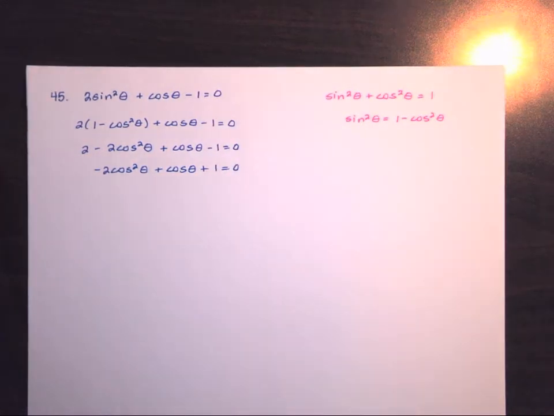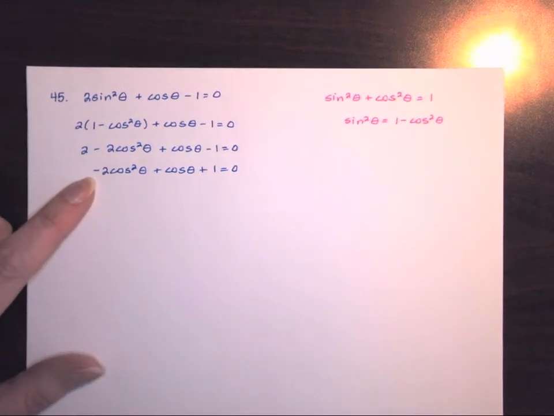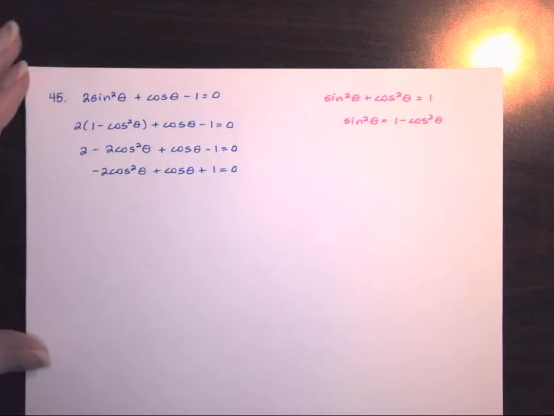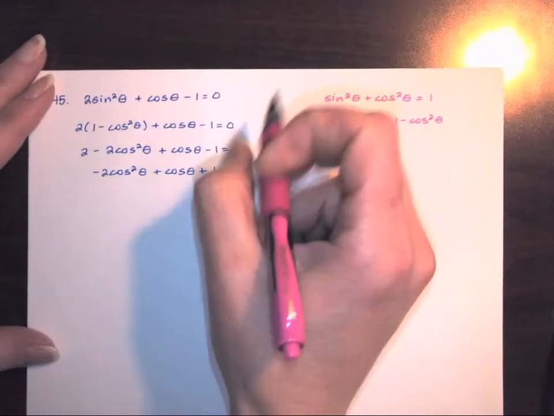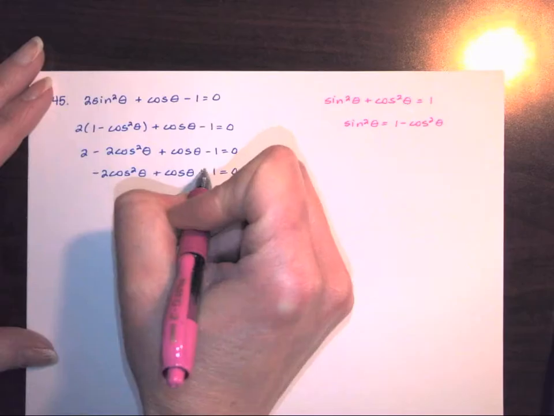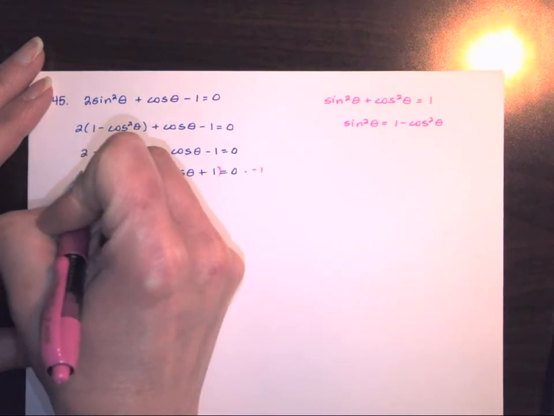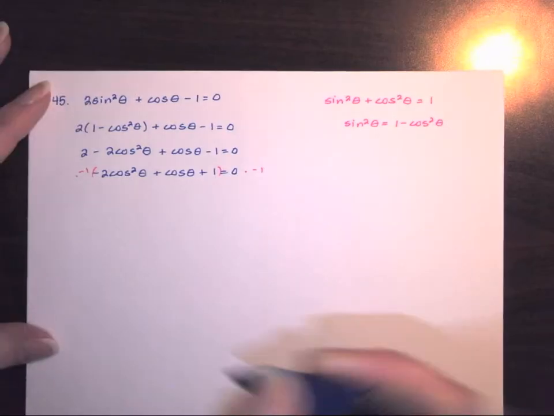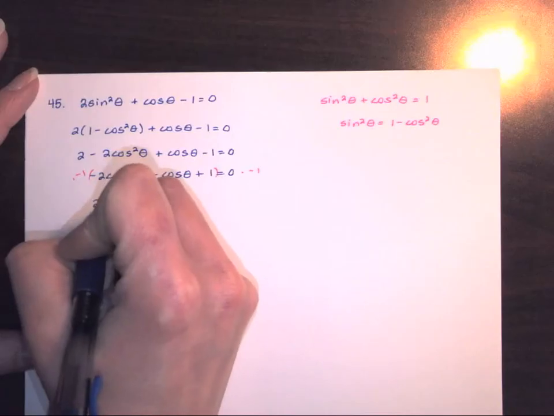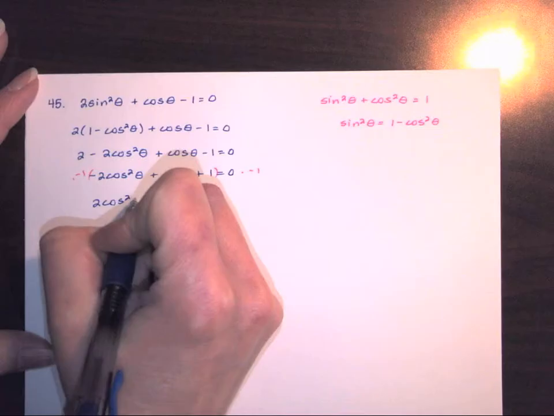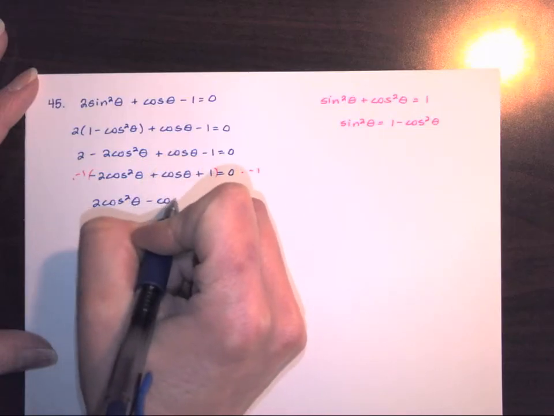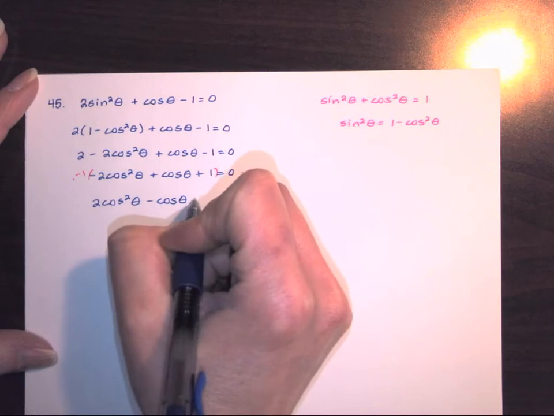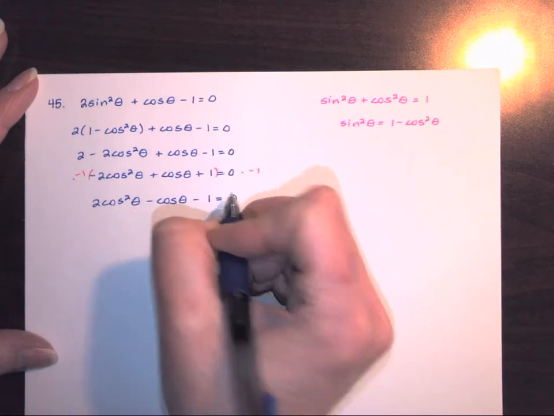Now, I never like to factor trinomials when my leading term is a negative. So all I'm going to do is multiply both sides of my equation by negative 1. And that allows me to make this 2 cosine squared theta minus cosine theta minus 1 equals 0.